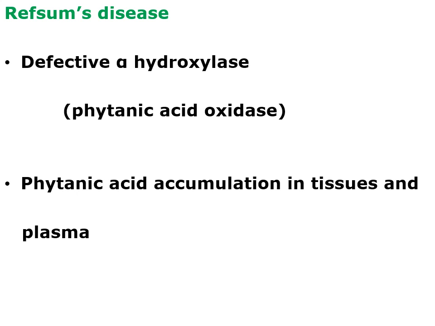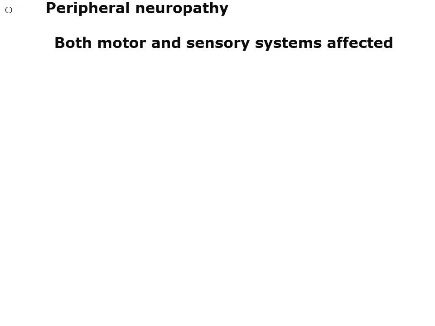So phytanic acid is oxidized by alpha oxidation. When this alpha hydroxylase is not there, what happens to phytanic acid? It is not oxidized, so it gets accumulated in the tissue and plasma. There will be peripheral neuropathy. Both the motor and sensory systems will be affected.